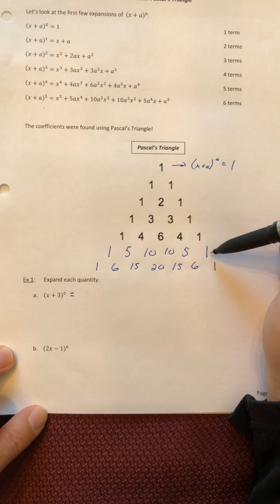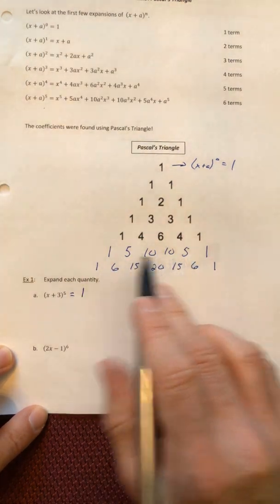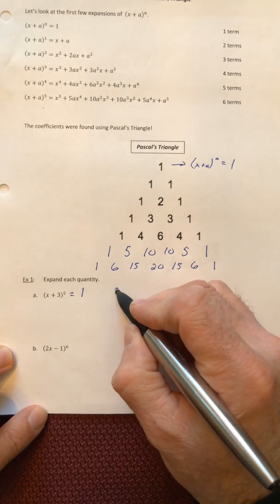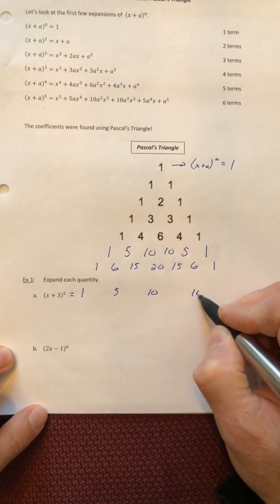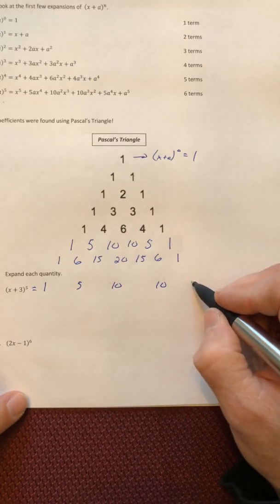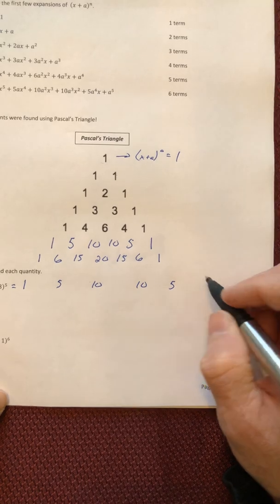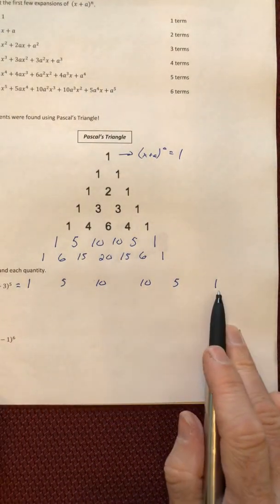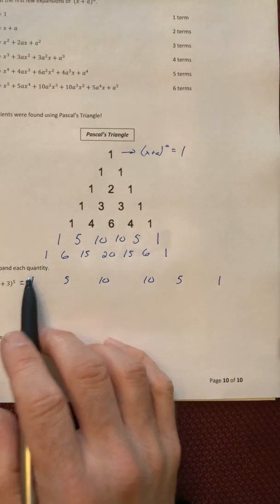So that's what we want to use. I'm going to put these numbers out: 1, 5, 10, 10, 5, and 1. And I'm going to leave some spaces in between because I have to figure out what's connected to each one of those.